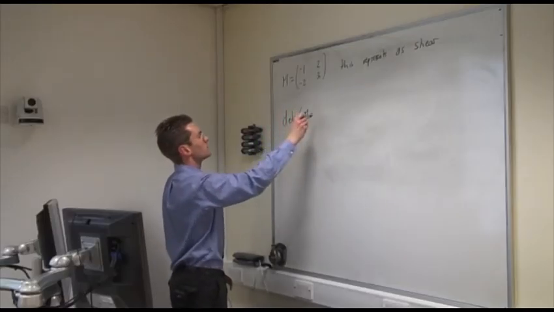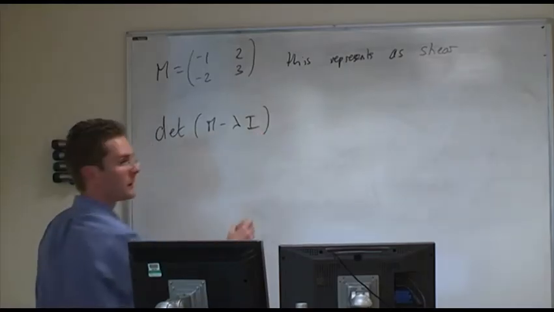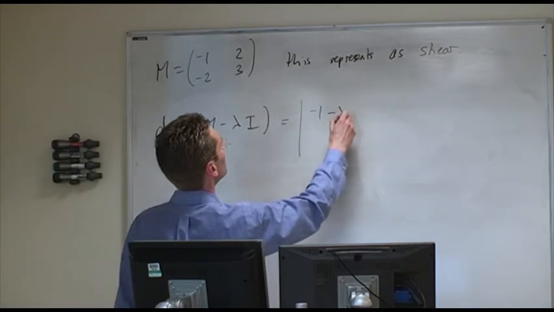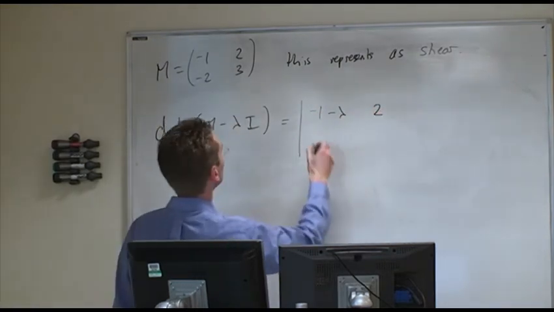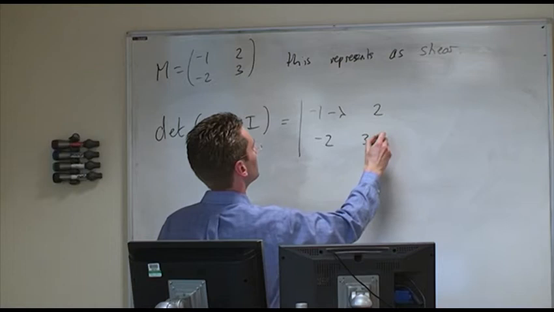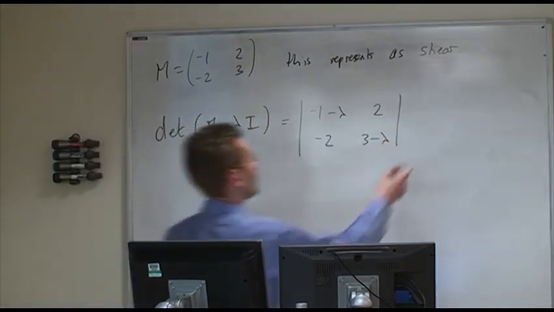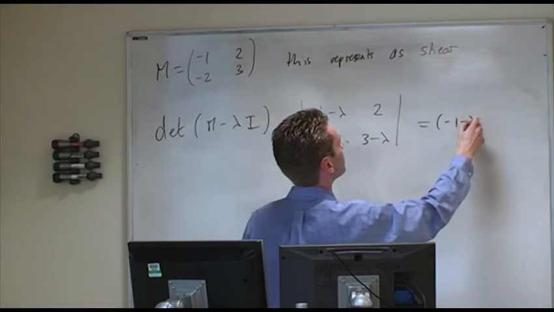The characteristic equation is the determinant of m minus lambda I. In that case, that's going to be the determinant of minus 1 minus lambda, 2, minus 2, 3 minus lambda. Again, it's 2 by 2, so we can just multiply out.